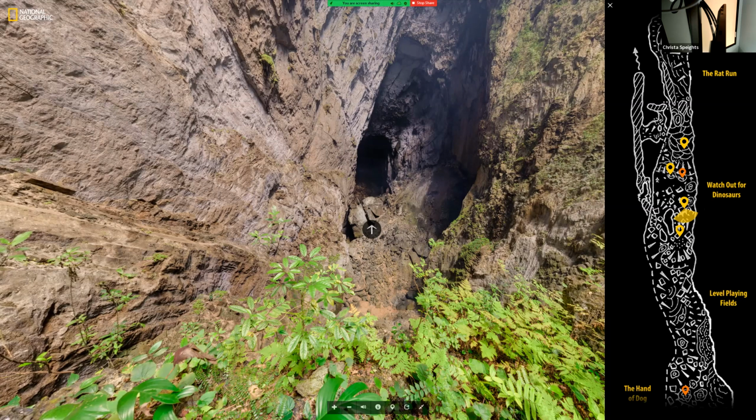So this is the first Dolomite. They've named this Dolomite "Watch Out for Dinosaurs."